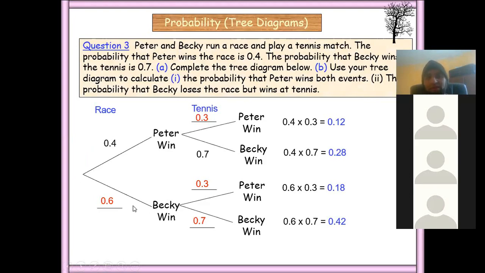For Becky to lose the race is going to be 0.4. Good. And then for Becky to win at tennis, it's going to be 0.7. Yeah. So 0.4 times 0.7 will give us our answer, which is 0.28. It's a complicated one. Does that make sense, guys? Yeah, it does. Good. We're going to move on.